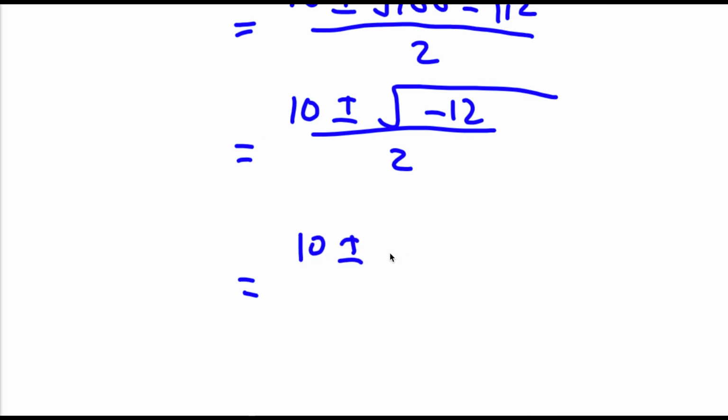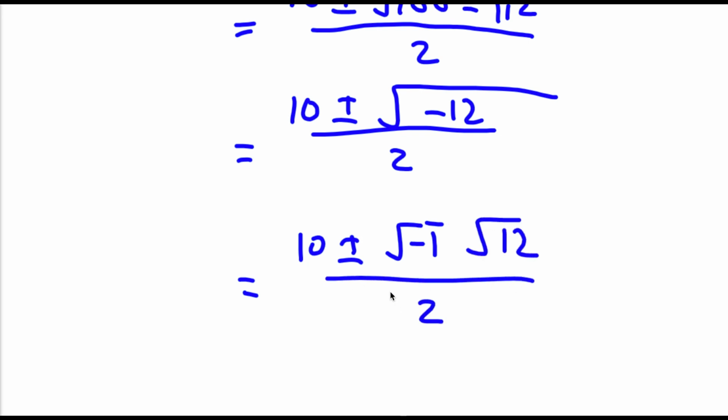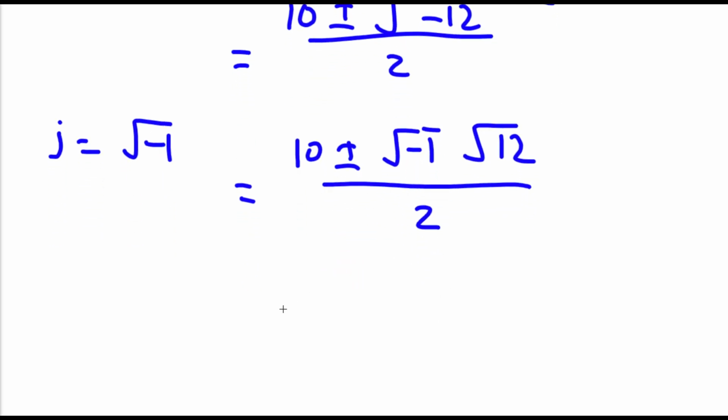Negative 12 here can be written as the square root of negative 1 times the square root of 12, and this over 2. The square root of negative 1 is equal to i. So now, I have 10 plus or minus, if I replace the square root of negative 1 with i, the square root of 12 times i, over 2.